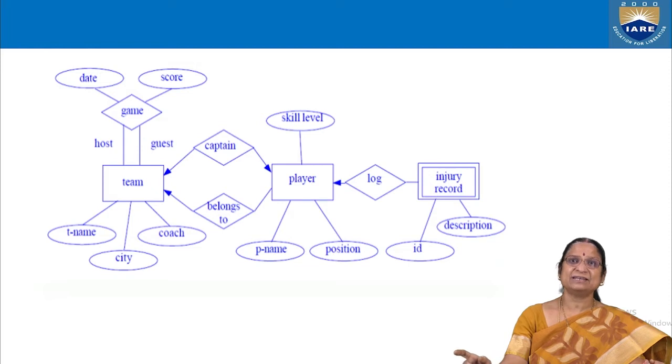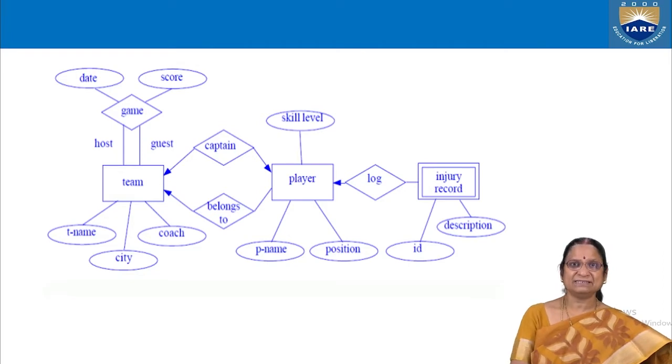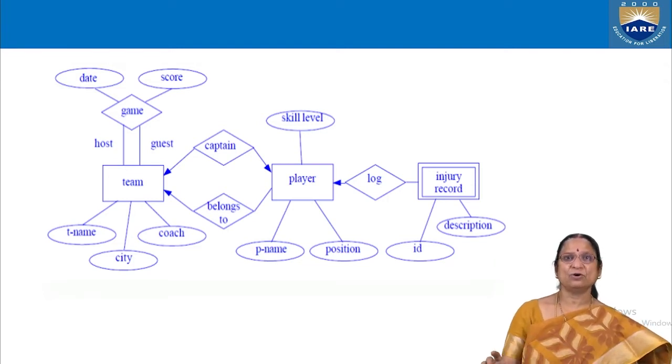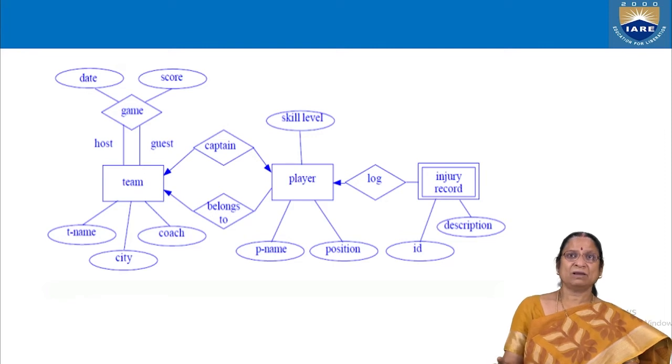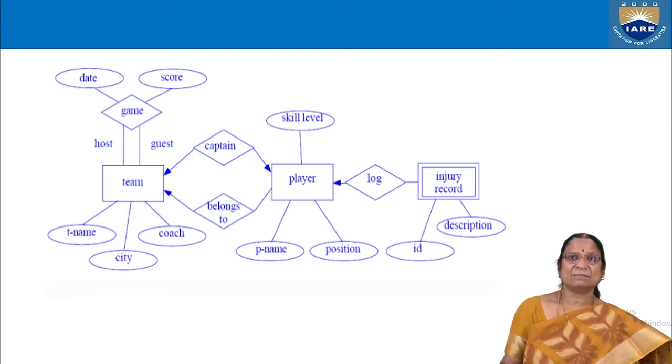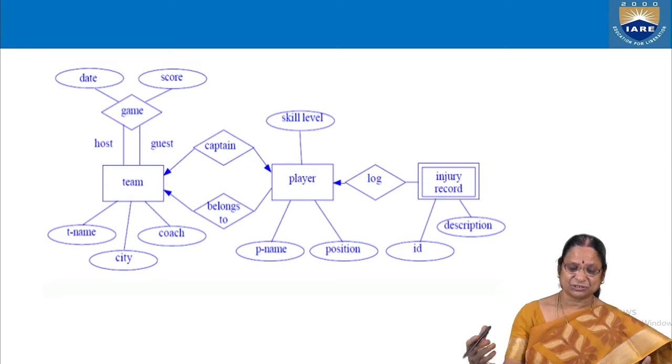So it is a unary relationship, I can say. One of the teams is the guest at one time, another team is the host. So the team is related to itself with the game relationship. Now a host team in one match may be a guest in some other match, remember that. So that's why game is a relationship.